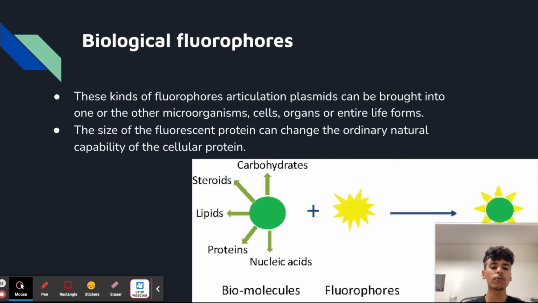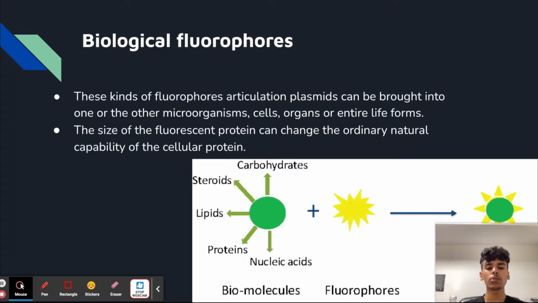Number two, biological fluoroprobes. The advantage of these fluoroprobes is that articulation plasmids can be brought into one or another microorganism cells into life forms. To drive articulation of fluoroprobe, either alone or melded protein of interest with regards to the natural cycle is considered.